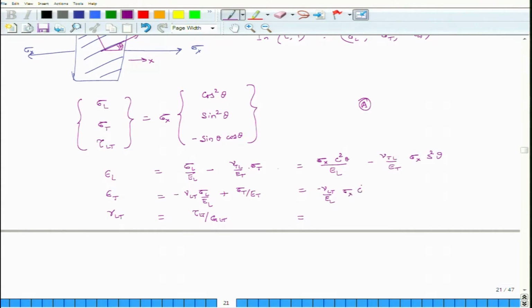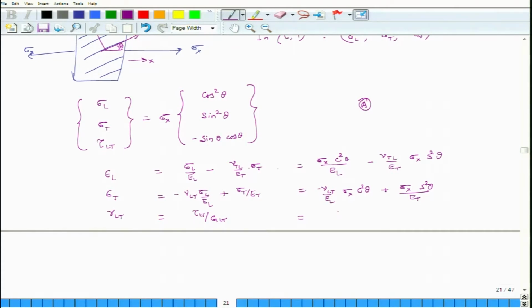Sigma x cos square theta, plus the next term, sigma T over ET, and what is sigma T? Sigma x sine square theta. So, it is sigma x sine square theta divided by ET, and finally, we have gamma LT, which is tau LT divided by GLT.